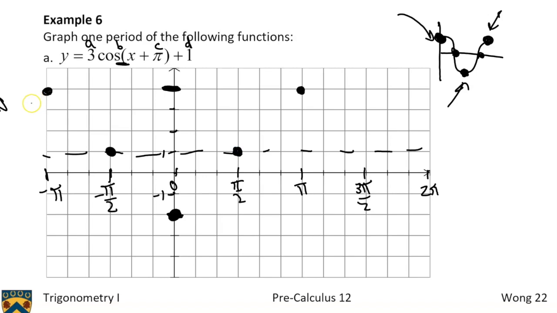And so what you could do then is graph the rest in, and that would be an example of showing one period of a cosine function. So again, there's multiple ways of doing this, but I think this way seems to make a lot of sense to a lot of people when they graph that.